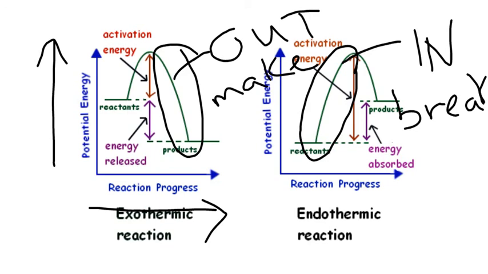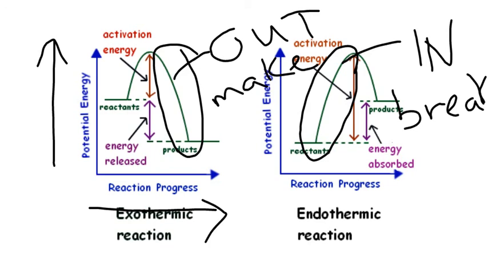In the case of our endothermic reaction, we can see the opposite difference. We can see that going from the reactants, a large amount of energy, a big increase is needed to break the bonds. However, once those bonds are broken, only a small amount of energy is actually released when the product's bonds are made.